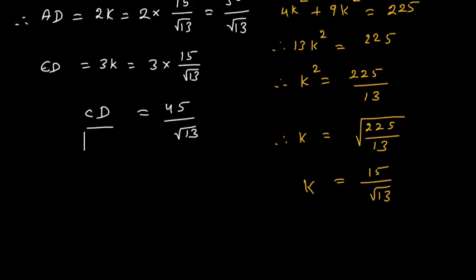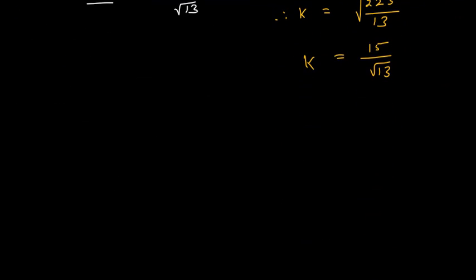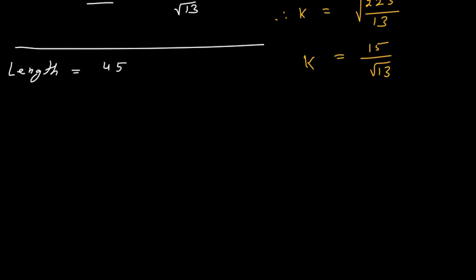Now I have to find area and perimeter. So in short, the length of the rectangle is 45 upon root 13 and the breadth of the rectangle is 30 upon root 13.